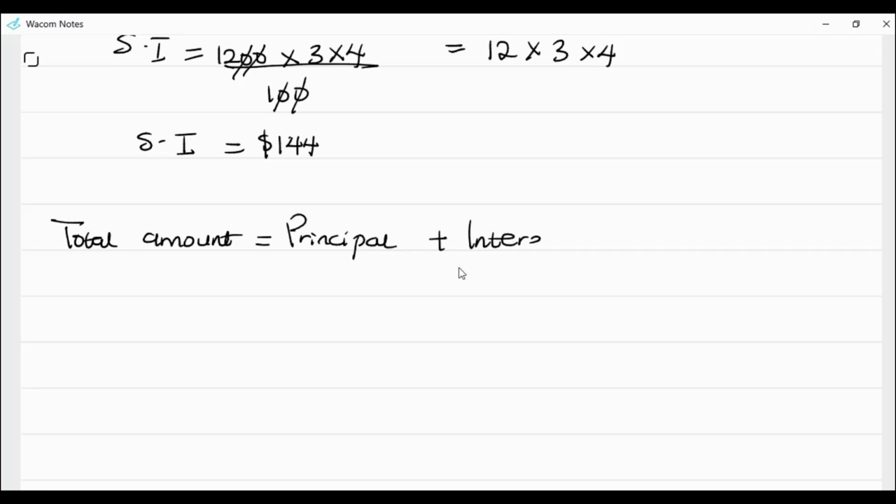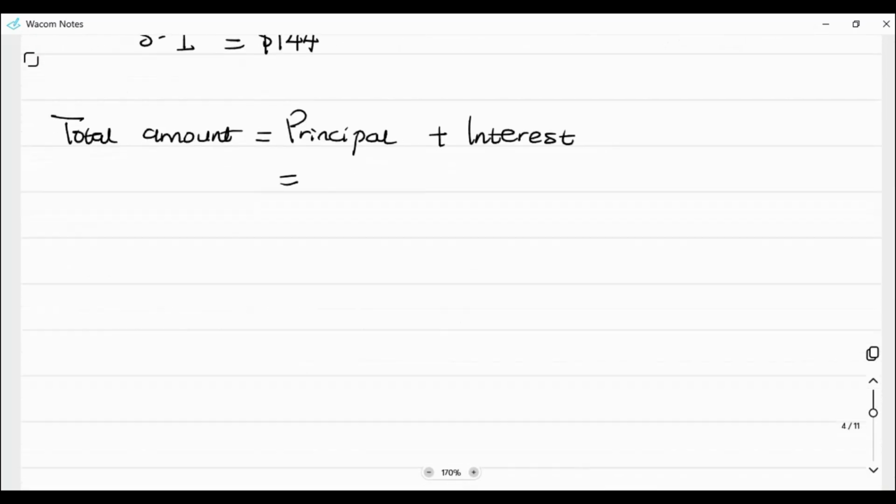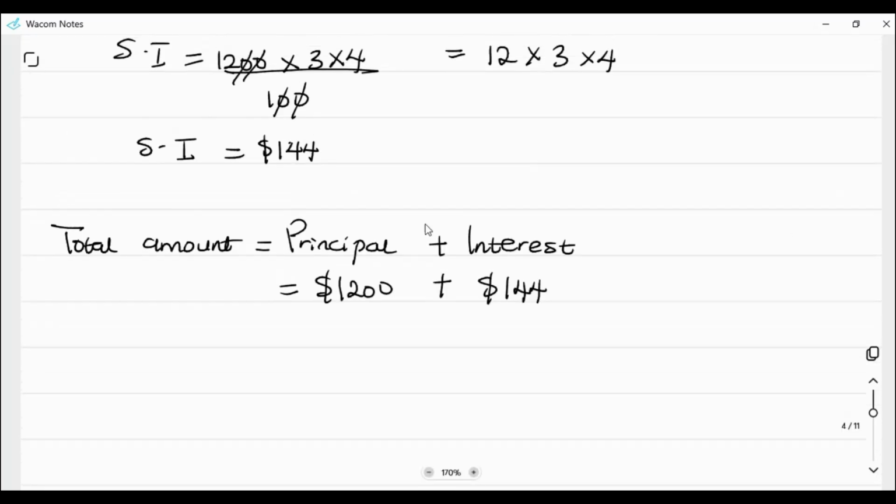This is the formula for that, and we know that the principal is $1,200, so we have 1,200 plus the interest, which we have as $144, and this is gotten from this point right here. So if you add this together, we have $1,344. So this is the total amount of money he's going to have after 4 years.